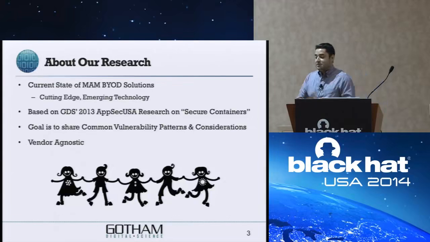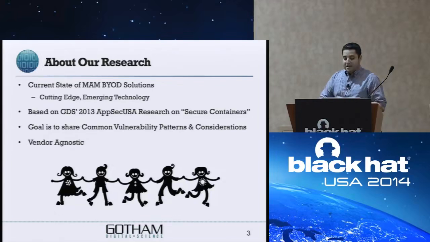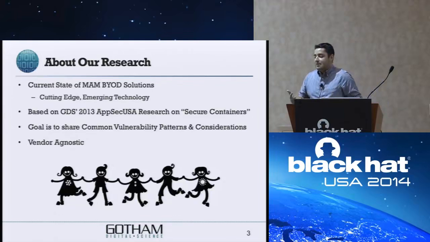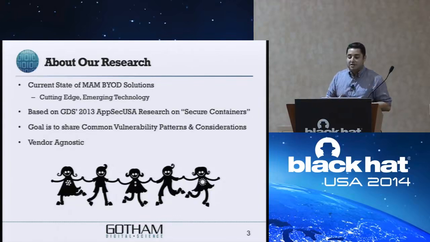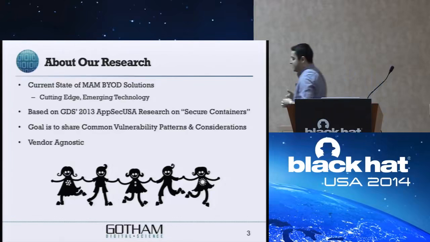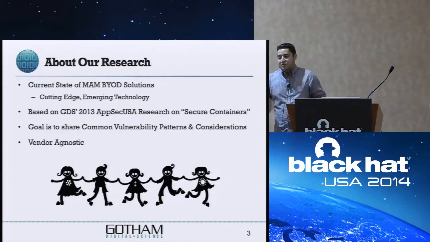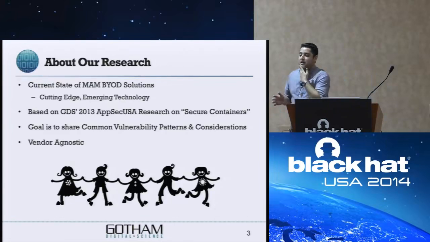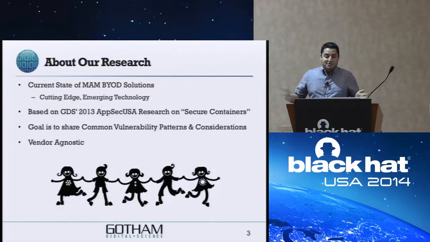So we just wanted to share some of the common vulnerability patterns and how we can make these solutions stronger. The key thing about this presentation is that we're going to be vendor agnostic. I'm not going to be dropping names of any of the vendors we looked at, for multiple reasons.